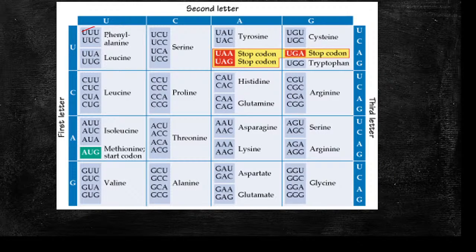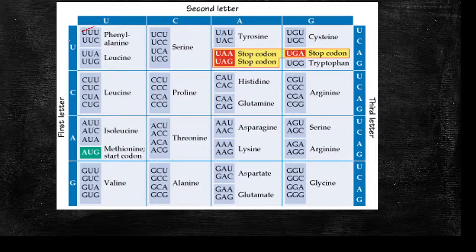This is the typical genetic code, and I'll tell you how to write it. You have to draw 4 by 4 boxes, that is 16 boxes, and each box will carry 4 codons.